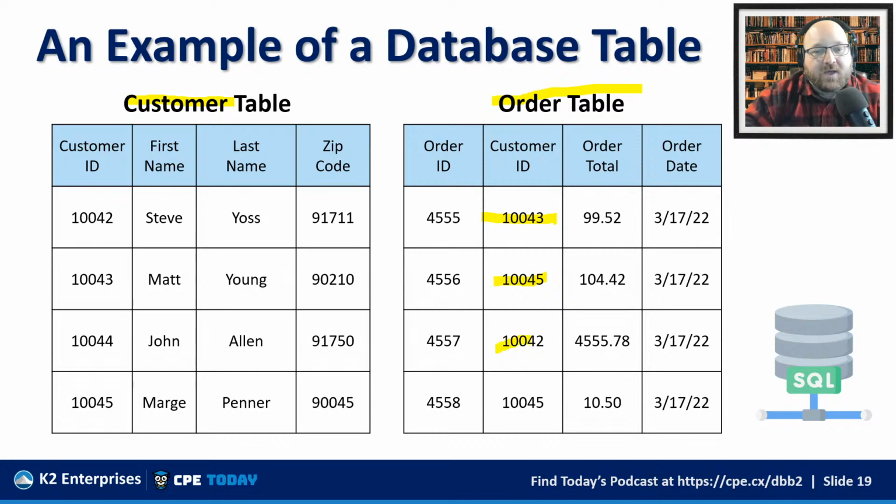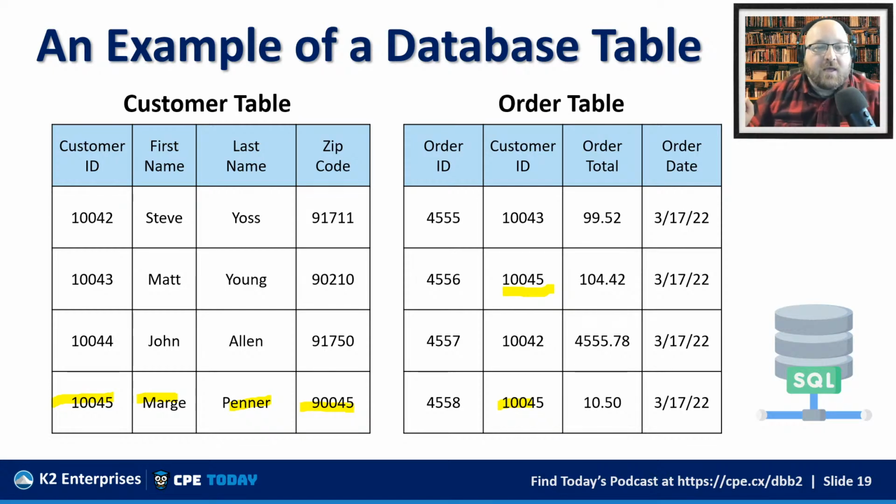Okay, and if we know the customer ID, let's say 1145, well, knowing that, we can go and look up the customer to the customer table, and from 1145, we can know exactly who that is. And so from 1145, we can see that it is Marge Penner. We can go and easily see and pull her name, her address, and zip code there.